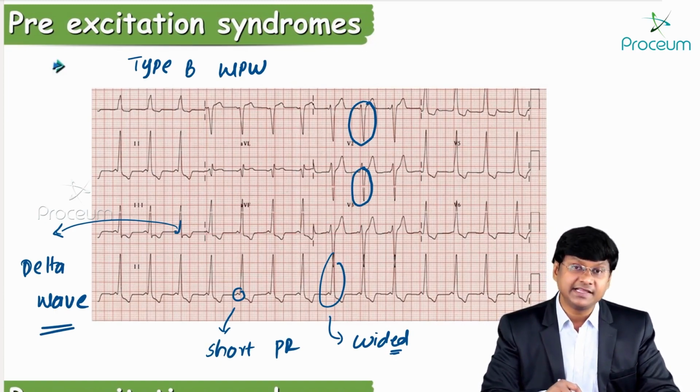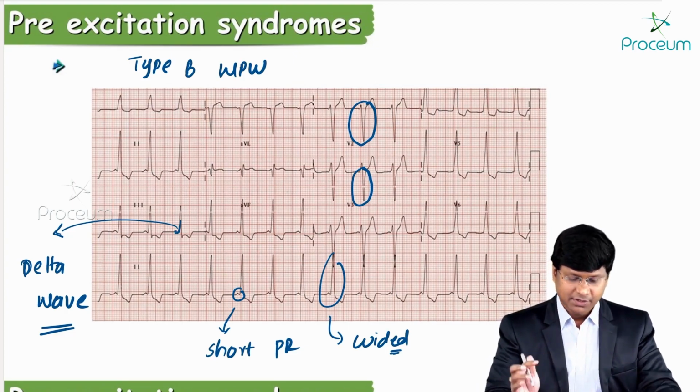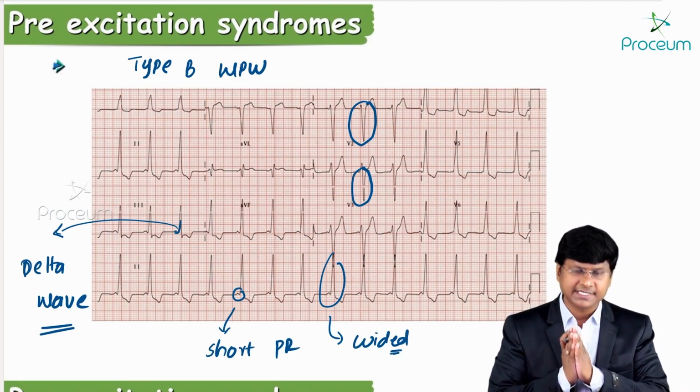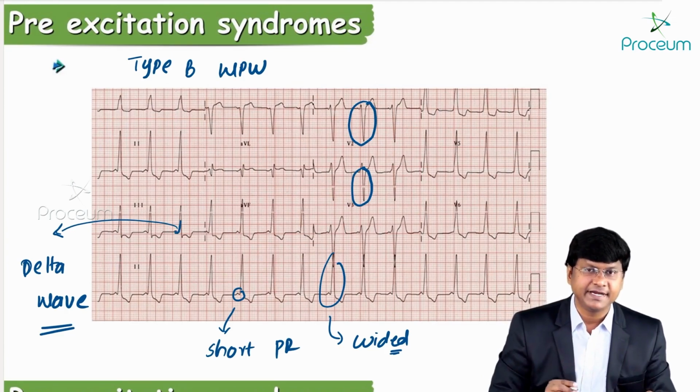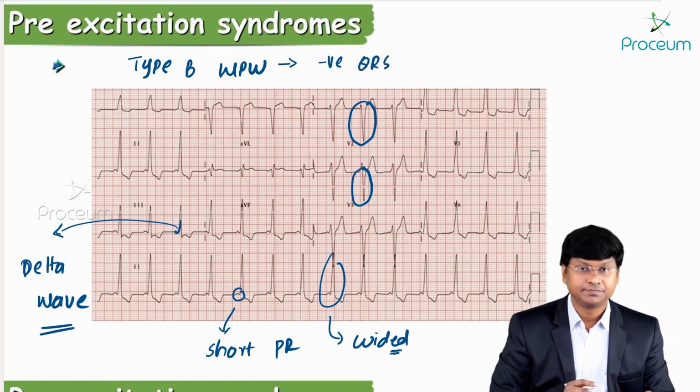But the other features of your WPW syndrome, like short PR interval, wide QRS complex and the presence of the delta wave, all that will be there. So the point you should understand here is that in type B WPW syndrome, you will have a negative QRS complex.